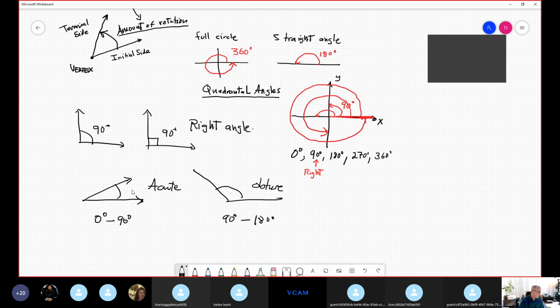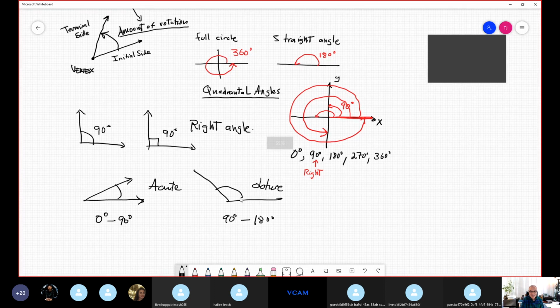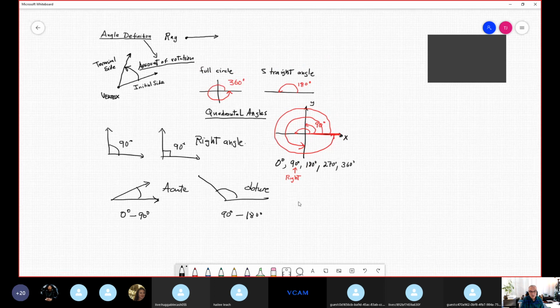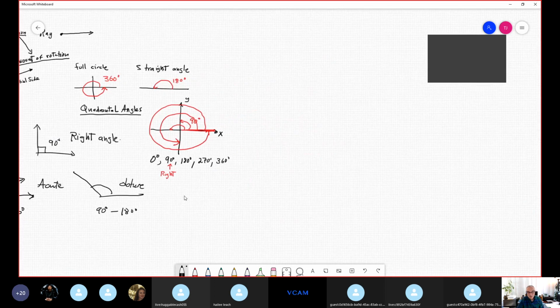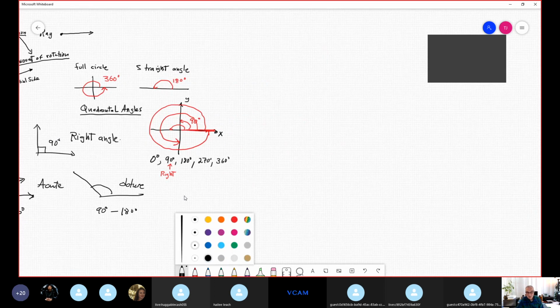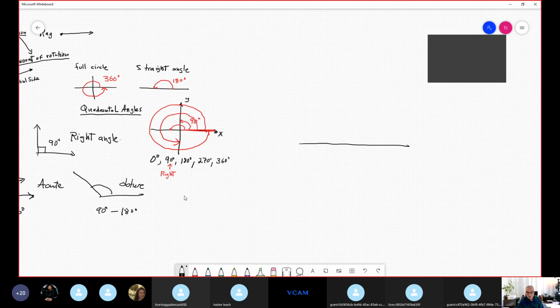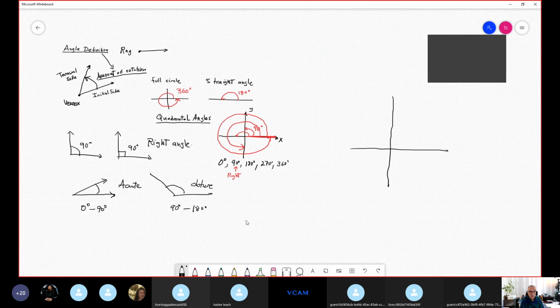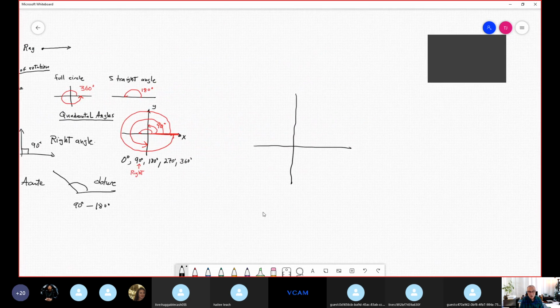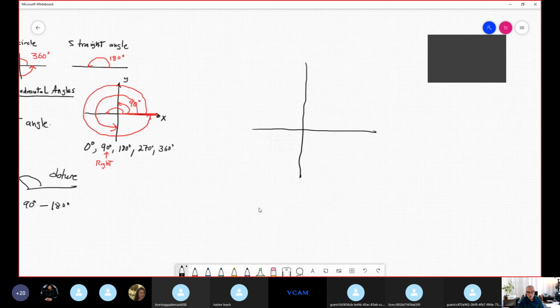Okay, and extremely important is the standard position of the angle. Look, we have the axis. Remember the general definition of the angle has an initial side and a terminal side. The initial side is always coincident with the x-axis.